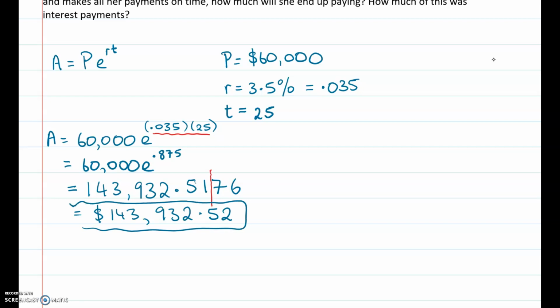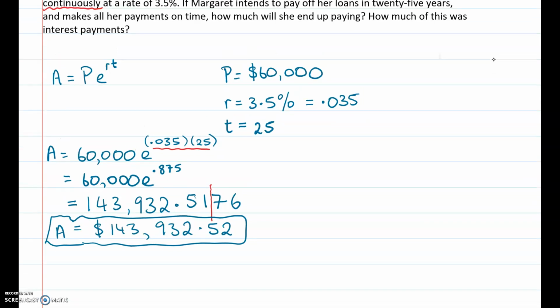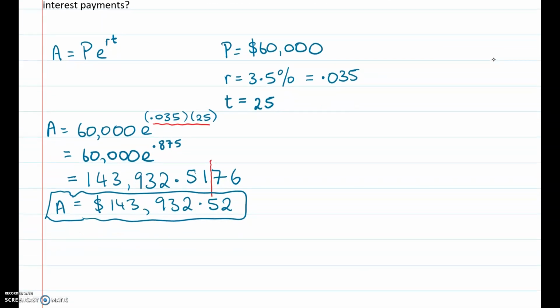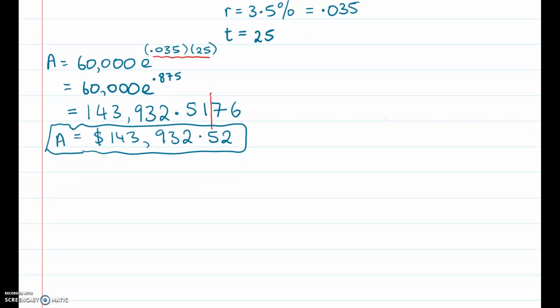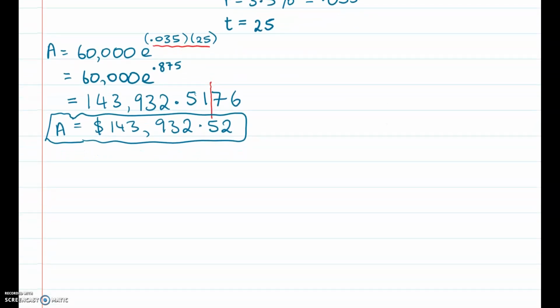Now, the second question was, how much of this is interest payments? Well, she borrowed initially 60,000, so anything above 60,000 is interest payments. So, to find the interest payment, we're going to subtract 60,000 from that amount that she pays back.